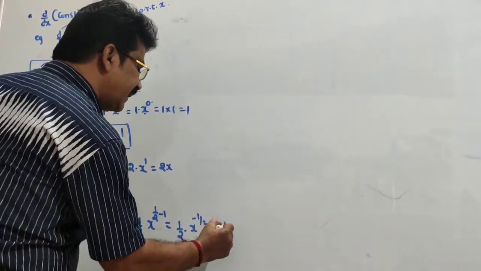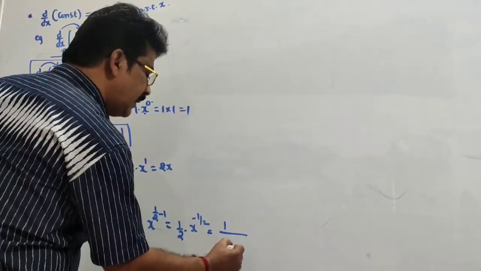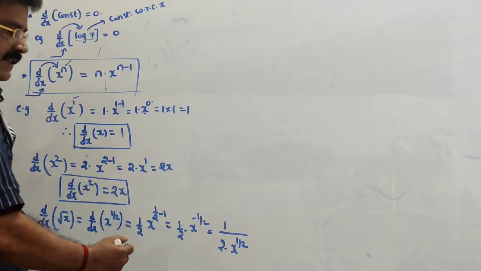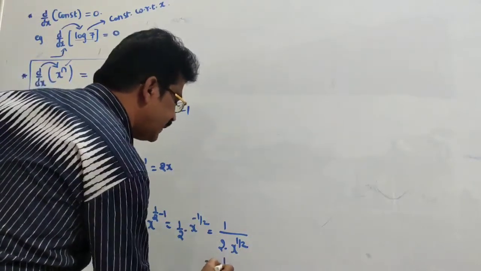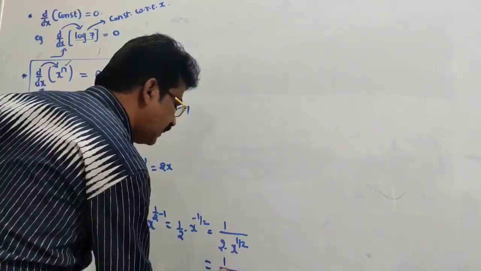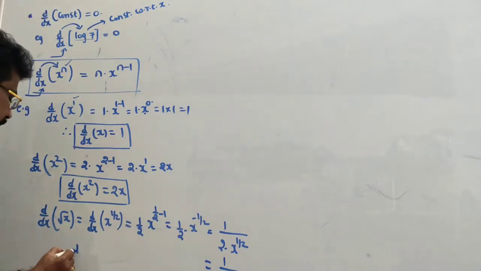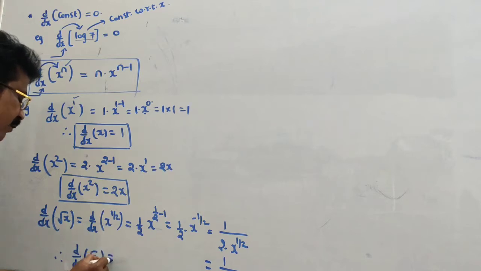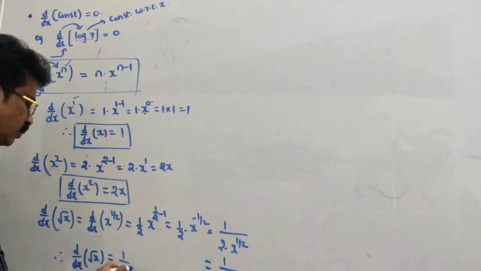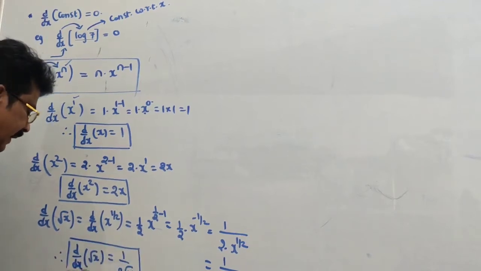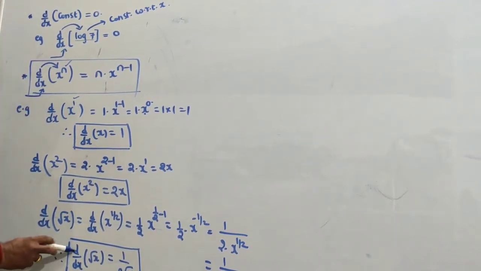According to the laws of indices, that is 1 by 2 into 1 by root x. So therefore d by dx of root x equals 1 by 2 root x. It is better to remember as a formula.